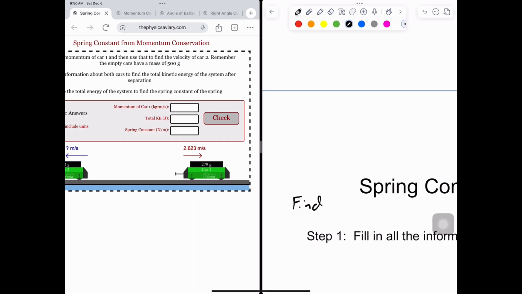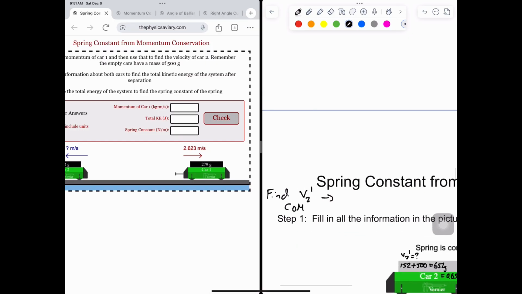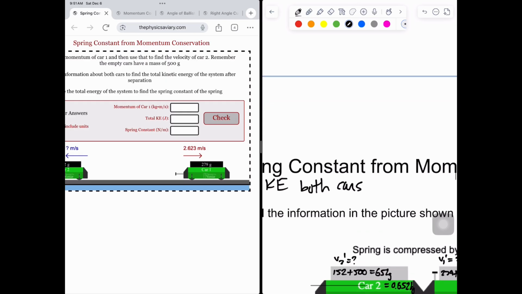We know the total momentum is 0, so we're going to find the velocity of car 2 after collision using conservation of momentum with separation. Then we're going to calculate the total kinetic energy of both cars. Now, that's easy. It doesn't matter the direction. Energy has no direction, so just simply add them up.